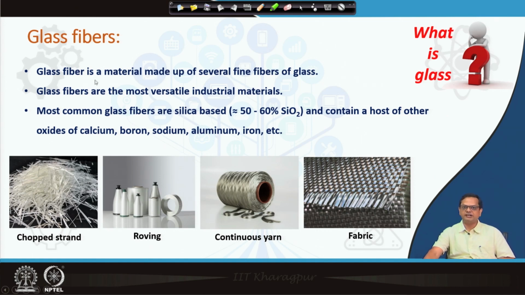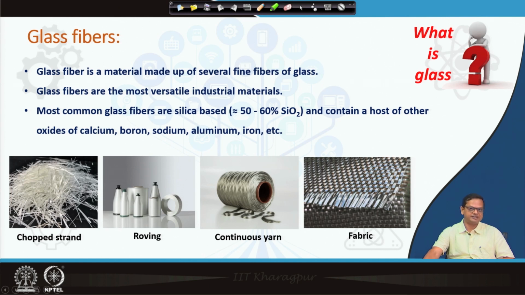And glass fiber is the most versatile industrial material, because you will see that it is not costly to make, and it has fairly good mechanical and chemical properties. And we find there are different forms or morphologies of glass fibers, starting from chopped strand.